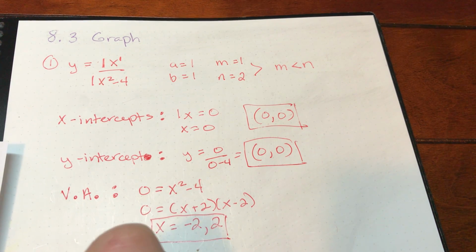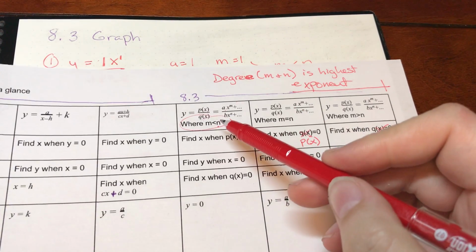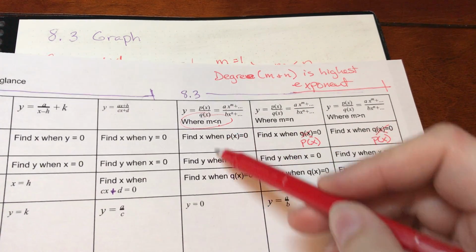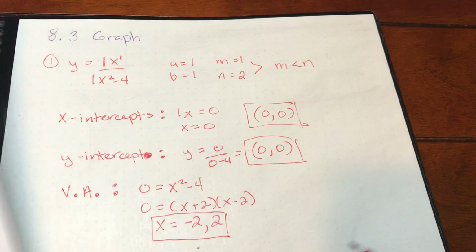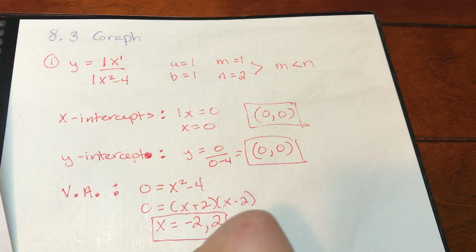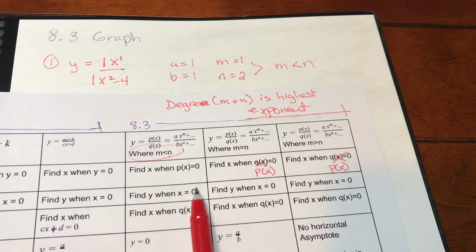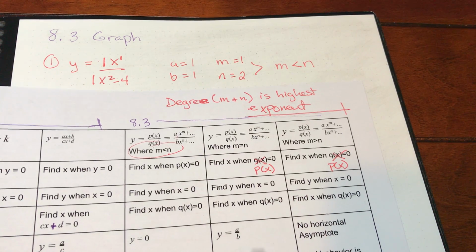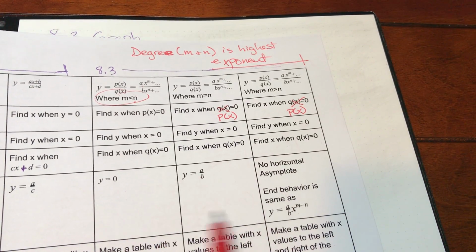And then my horizontal asymptote. M is less than n, so our horizontal asymptote is automatically going to be y equals 0. Now notice on this chart, these are all the same. The only place that it's different is for the horizontal asymptote.